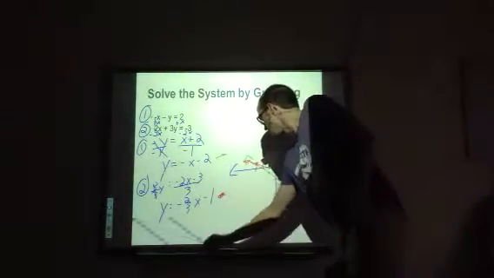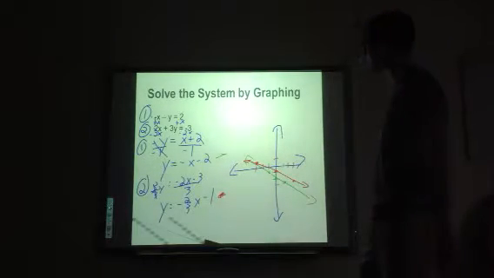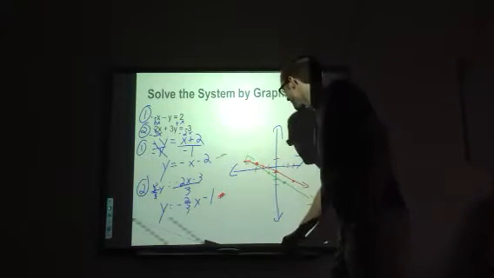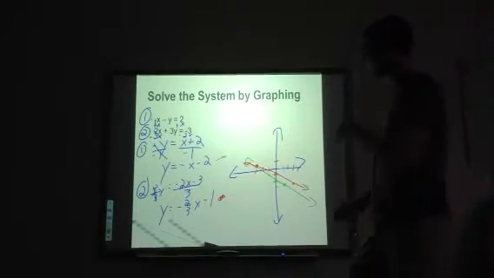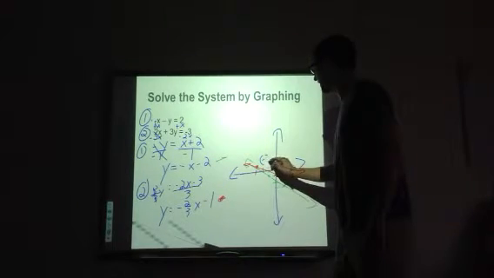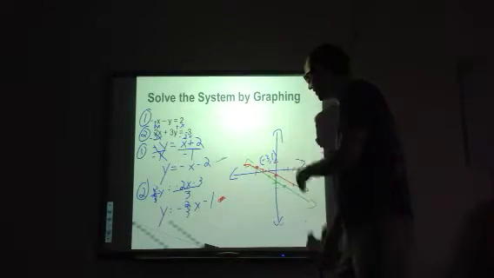And there's our line. It's hard to see. Hopefully you drew a better graph than I did. But you should have gotten an answer that was at the point negative 3, 1. That's what my graph should show.